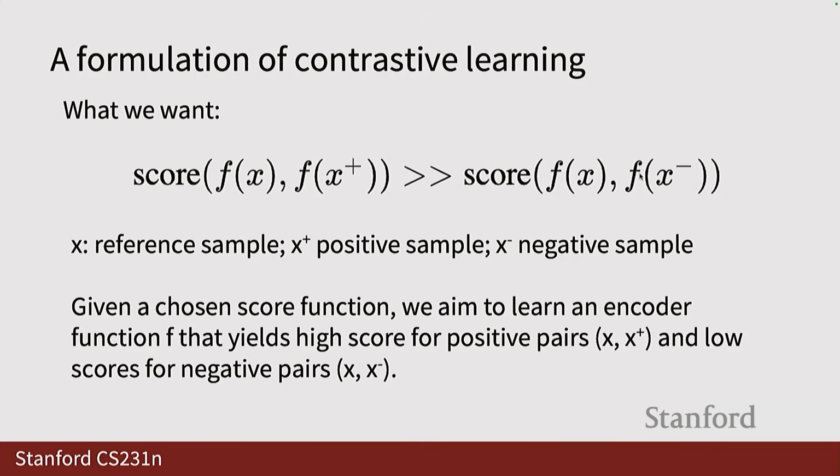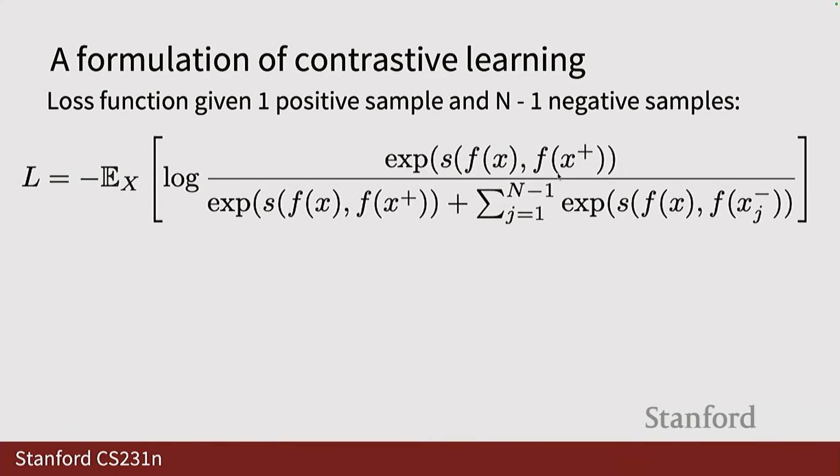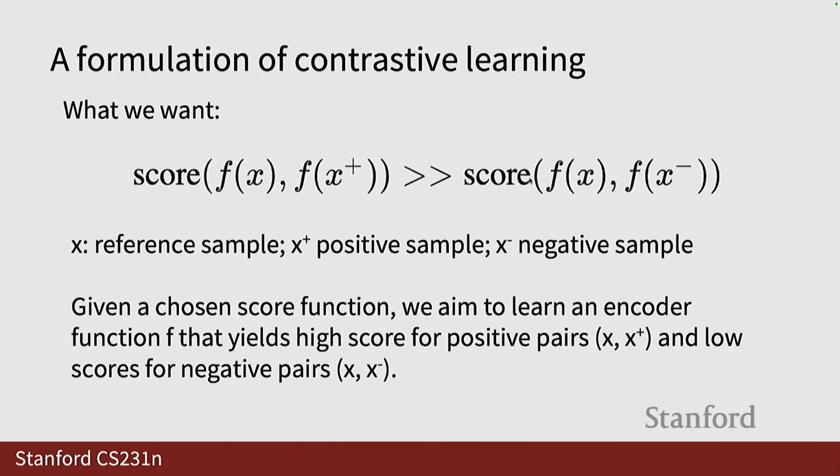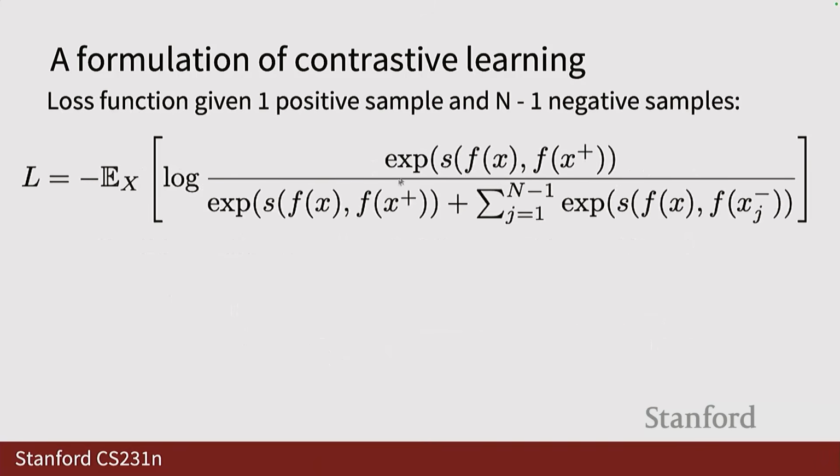So basically, to define this type of scoring function, we define a loss function based on that after training the scoring function S. You can see this S is the same as the score in the previous slide.